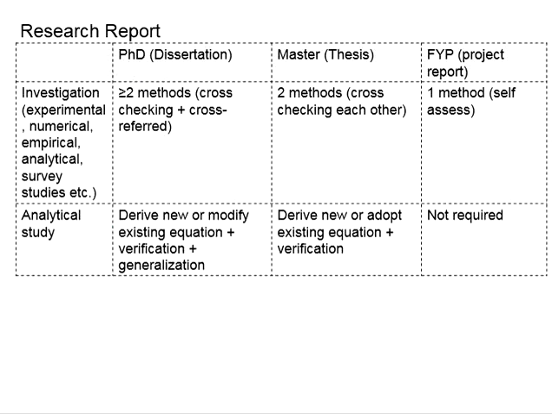So normally master students will have to derive or adopt existing equations with proper verifications. Now, doing these analytical studies at the master level doesn't necessarily require you to develop new equations. You may adopt the existing equations, or you can impose some modifications to the existing equations, or probably compile several equations and derive accordingly to yield a new equation model.